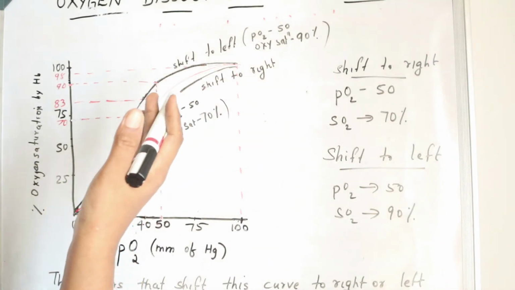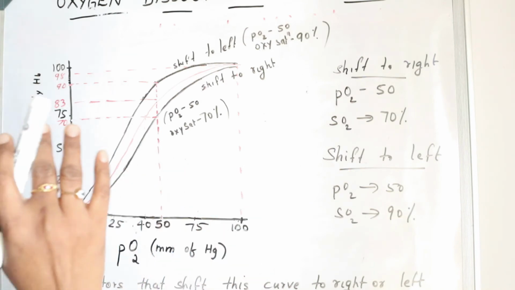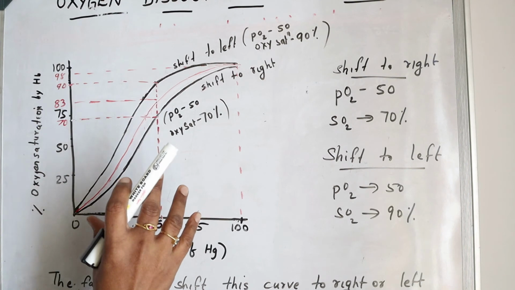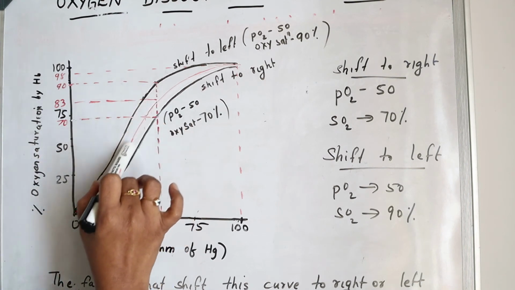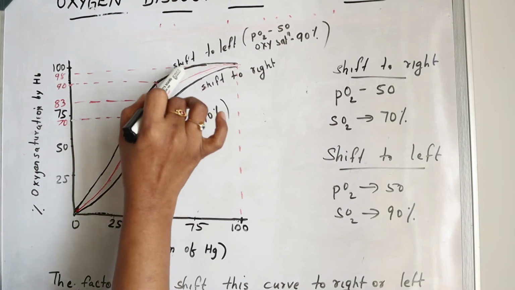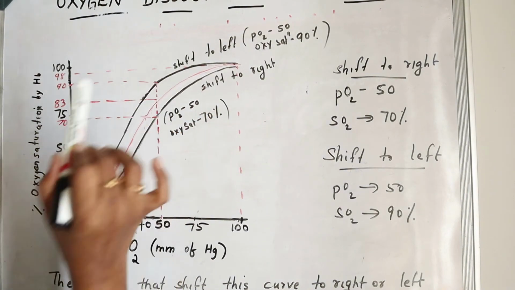These factors may be pH, temperature, 2,3 bisphosphoglycerate, and again the main important one, CO2, the partial pressure of carbon dioxide. All these factors will shift this sigmoid shaped curve to the right side or to the left side. So we can have a look at the curve that shifted to the right side first.